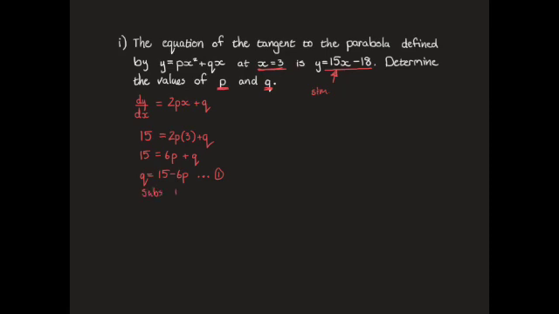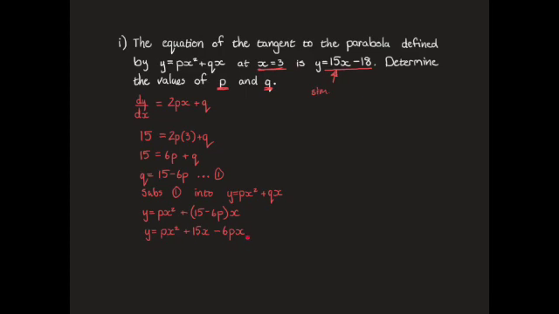So I say subs 1 into, and it's the original equation I'm going to use, so I'll just write y is equal to px squared plus qx, and that gives us y is equal to px squared plus, and instead of q, we write 15 minus 6p times x, and if I simplify it, it's px squared plus 15x minus 6px.